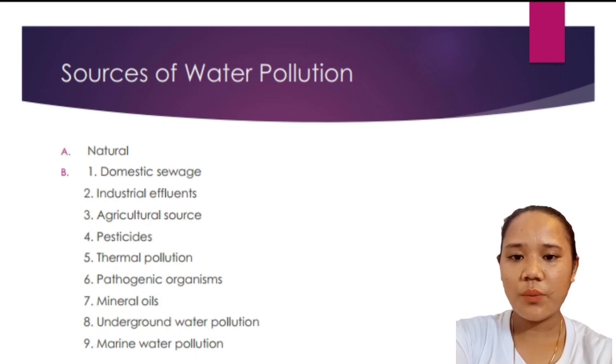Water pollution can occur due to natural activities such as volcanic eruption, animals' waste, and residue from storms and floods. It also happens due to human activities like everyday domestic sewage and garbage from cities that are dumped into the ocean.